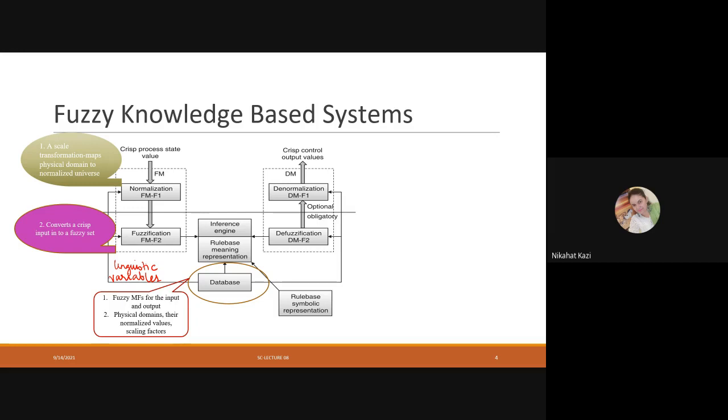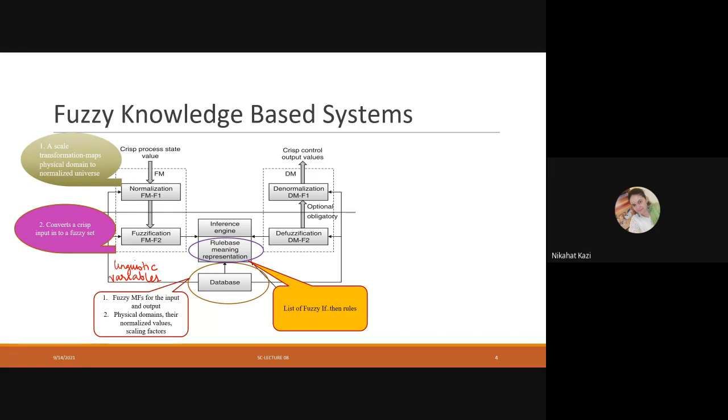Next is the rule base. Now, what is this rule base? Rule base is a set of fuzzy if-then rules, or a list of fuzzy if-then rules. In case of Boolean logic, you know that you can express implications, if-then rules.